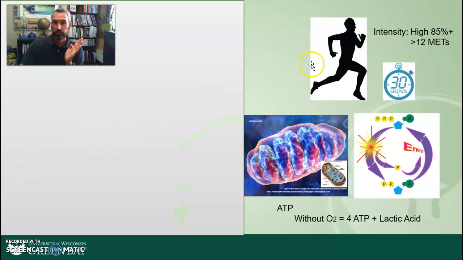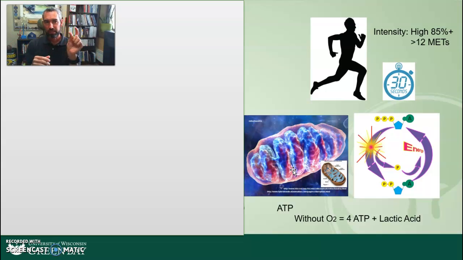But if we're looking at movement, if it's anaerobic, without oxygen, the mitochondria has a limited amount of oxygen available to it. And it can tap into the glycogen, but it really needs oxygen to fuel that chemical reaction to make ATP.